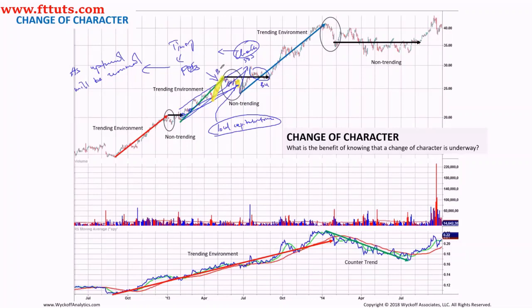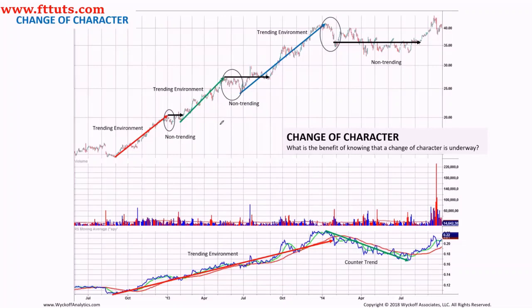This is all going to be associated with the climactic run into the stopping action of the buying climax. And I'll outline to you the spots where we're going to be exiting the position or scaling out of the position. But for the long-term investor, we still would stay in this position.